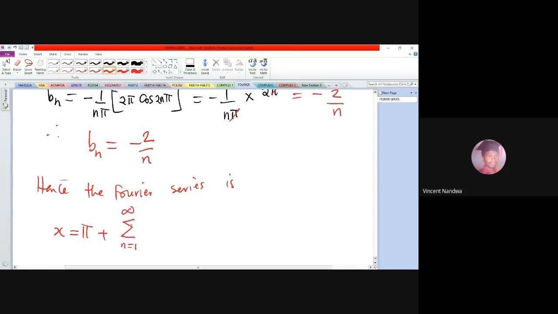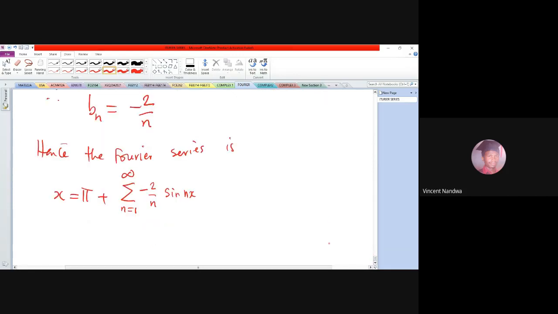An was 0, so we don't have it, as 0 times cos nx is 0. So just bn, which is minus 2 over n sine nx, which can be written as x equals pi minus 2 summation n from 1 to infinity of sine nx over n.